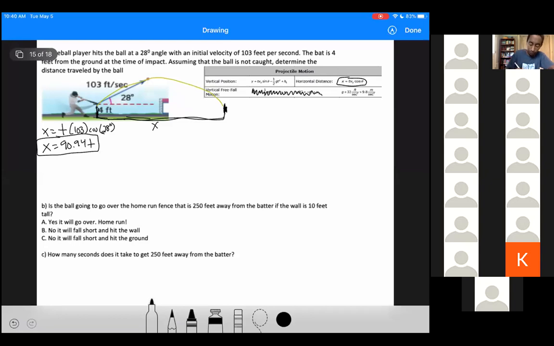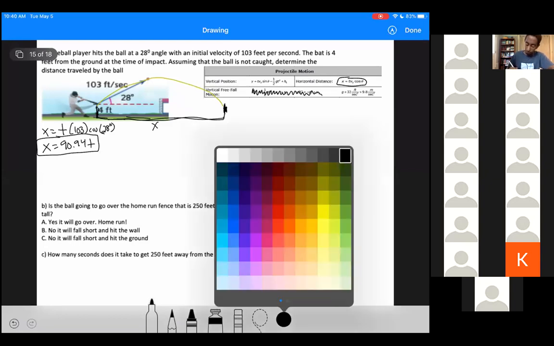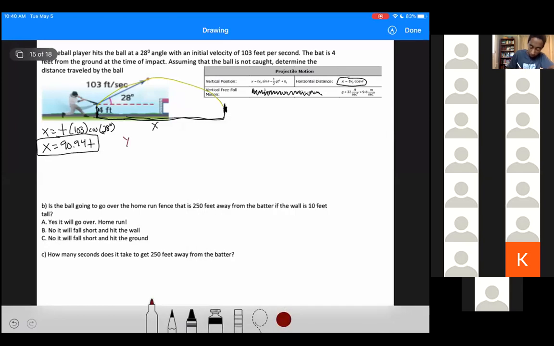So y equals, let me do it in a different color. Y equals t times initial velocity, V0, which is 103, times sine of theta, which is 28, minus 1/2 times g. Now we're working in feet per second, so we're using 32. T squared plus H0, initial height.